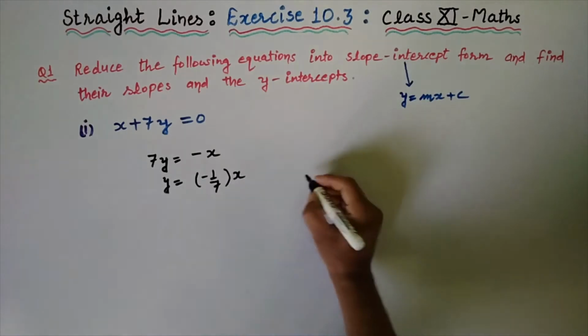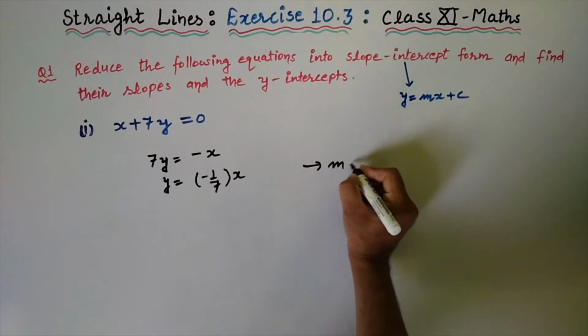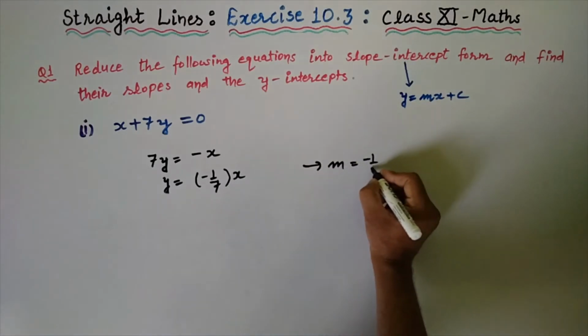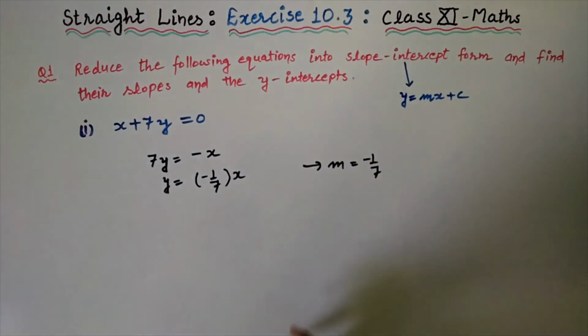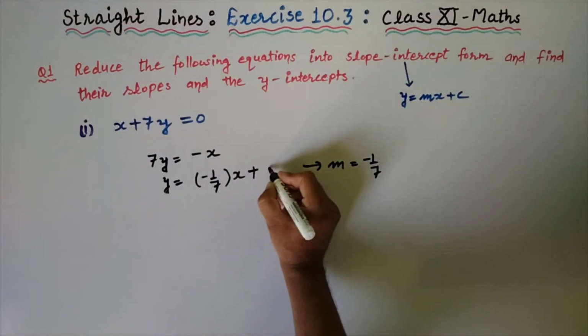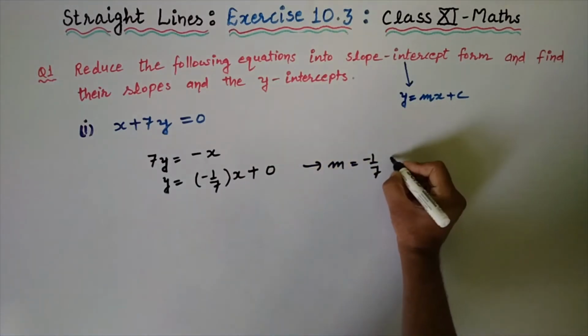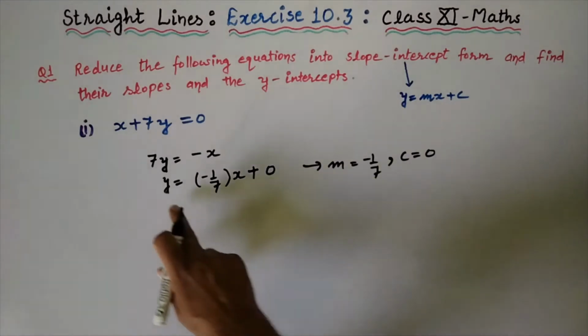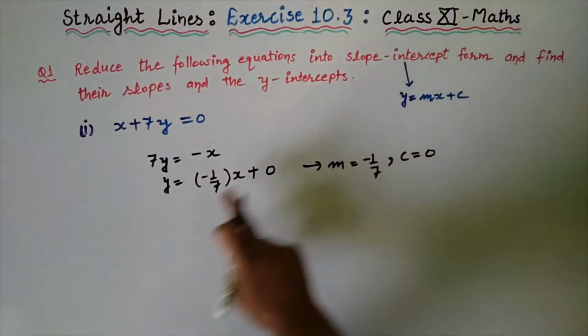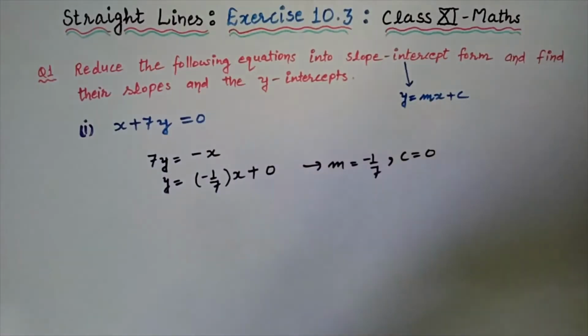So mx, m is minus 1 upon 7. That is, slope is minus 1 upon 7 plus c, we can say equal to 0. The value of c is 0. So this is the slope intercept form of the given equation of the line.